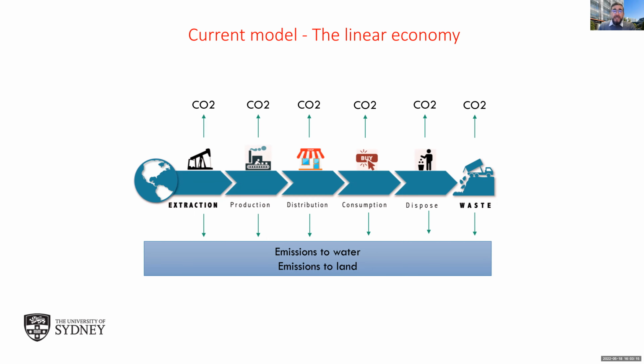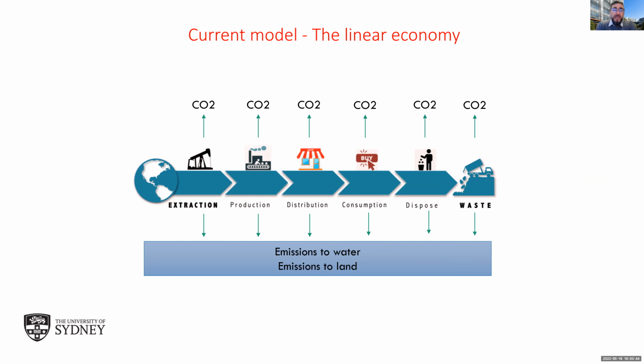So what does that mean in terms of the topic here, the circular economy? Currently, we have a linear economy, which is the way we operate as business as usual, exemplified on the slide here. We extract resources from nature, and then we produce products, we distribute them, we consume them, we are the consumers, and we then dispose of them at the end of their life into the landfill, for example.